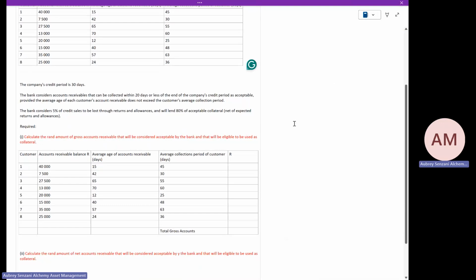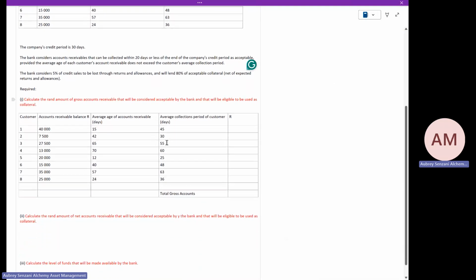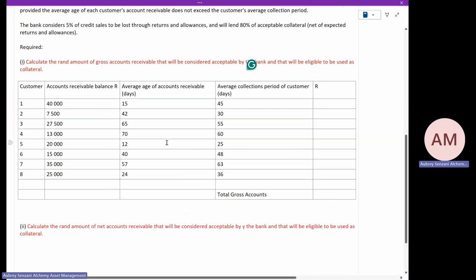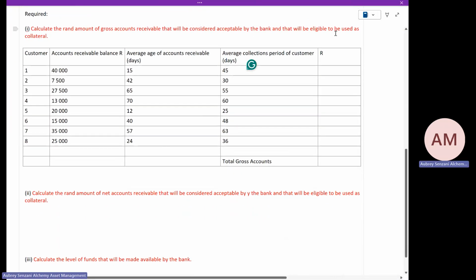Right. So question number 1, they say, calculate the rand amount of gross accounts receivable that will be considered acceptable by the bank and that will be eligible to be used as collateral. So customer number 1, are they acceptable? And I think here, important to register is the following, right?